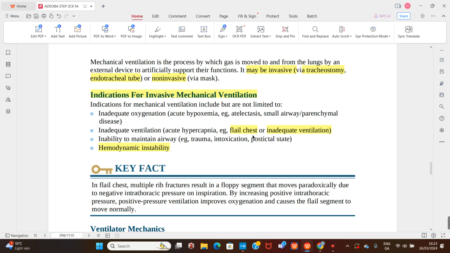I don't know if we did it in our step 1, but I think we are going to talk a little bit about flail chest downwards, or anybody that has inadequate ventilation from any other cause, like maybe head trauma, maybe the person had a stroke, maybe the person was on some medication that dampened the respiratory drive. All these people will not be able to maintain the respiratory mechanism to breathe in, breathe out. And if somebody has problems with ventilation and the person is hypoventilating, what is going to happen at the end of the day is hypercapnia.